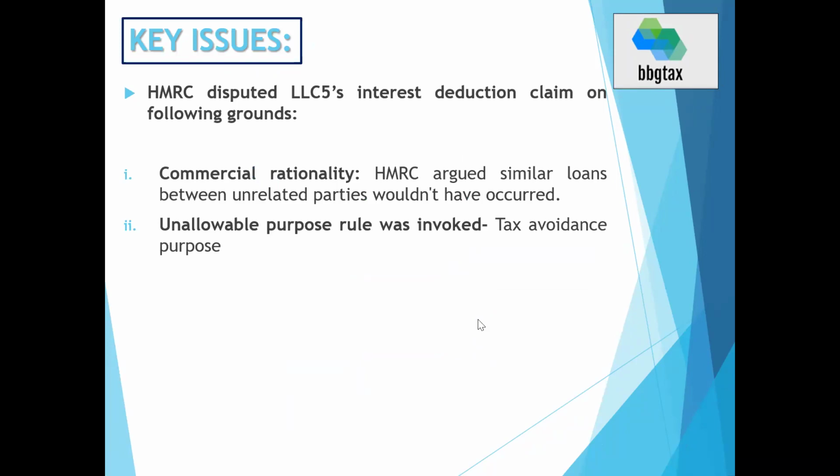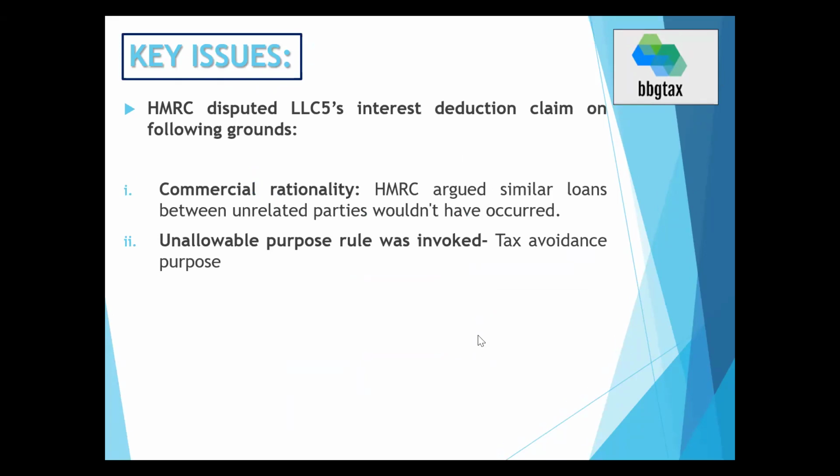Now the key issues in the appeal involved BlackRock's financial structure in acquiring BGI US, especially the UK tax deductibility of interest on $4 billion intra-group loans for the acquisition. HMRC disputed LLC 5's deduction claim on 2 main grounds.